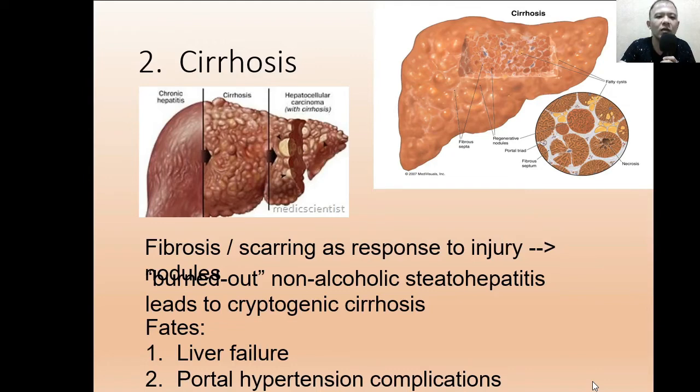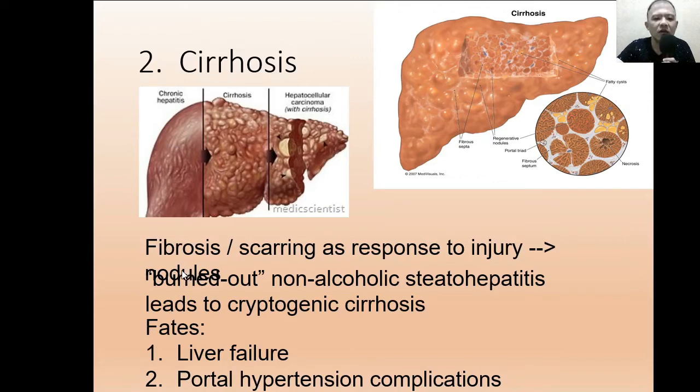We mentioned cirrhosis a while ago, so this is just a review of what we mentioned. This is secondary to excessive fibrosis or scarring, causing the formation of nodules.